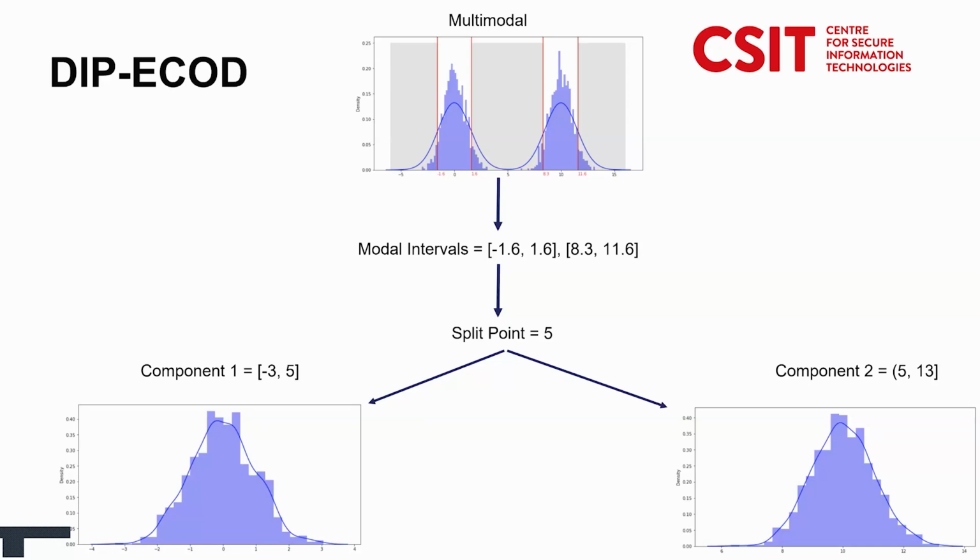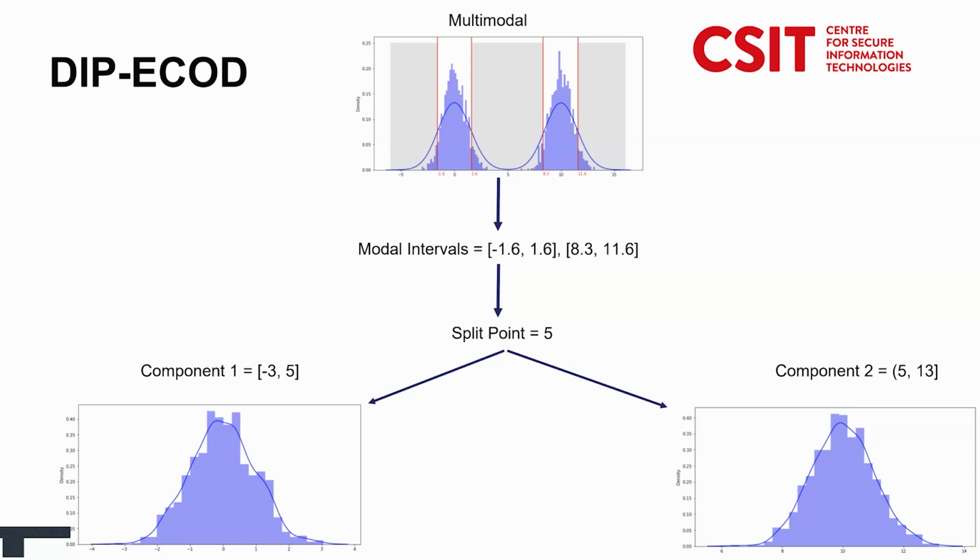And then we find the split point, which is the middle point between the modal intervals, which is 5. And then we split the multimodal into two individual unimodals, the first one lying between -3 and 5, and the second one lying between 5 and 13.